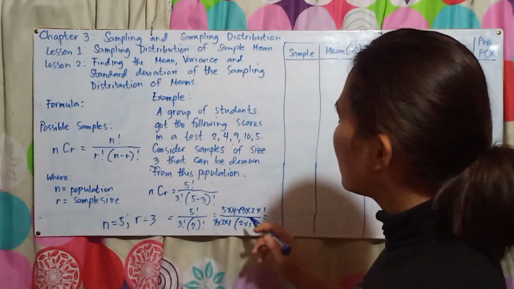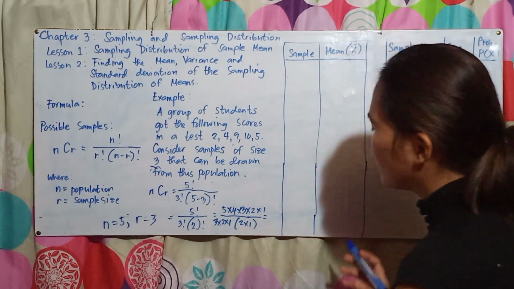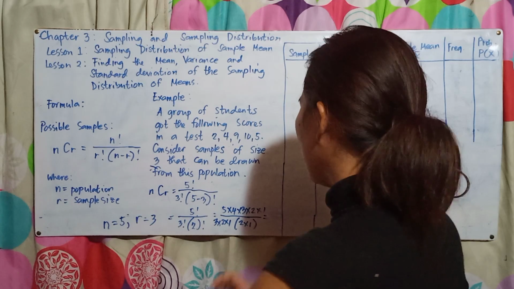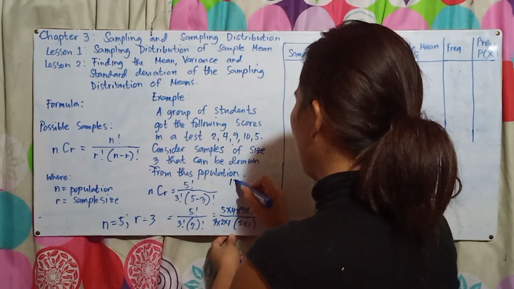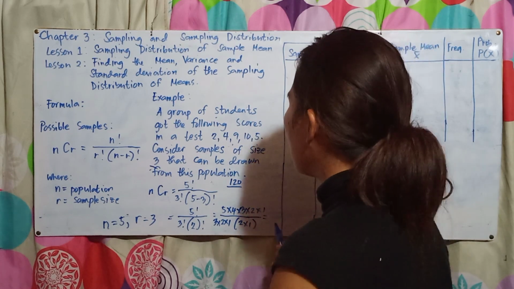5 times 4 is 20, times 3 is 60, times 2 is 120. So, 120 over 3 times 2, which is 6, times 1, 6.